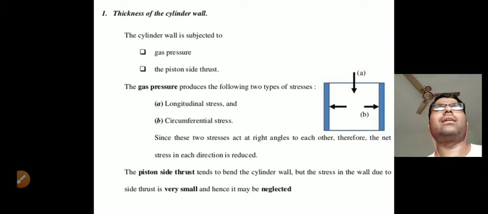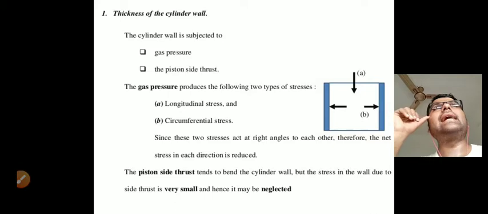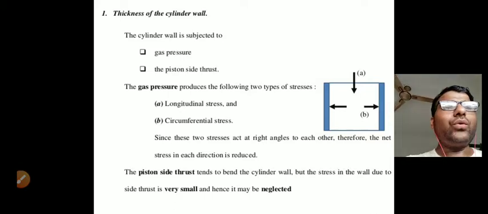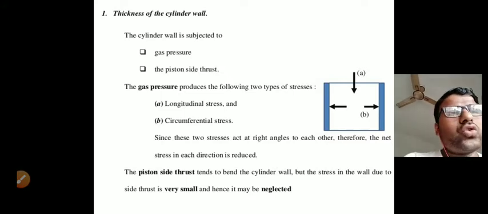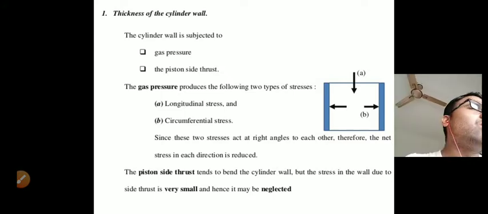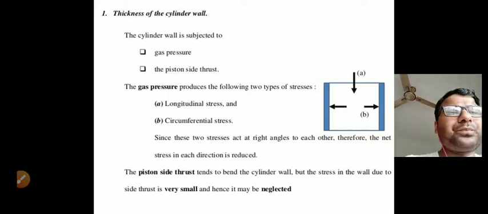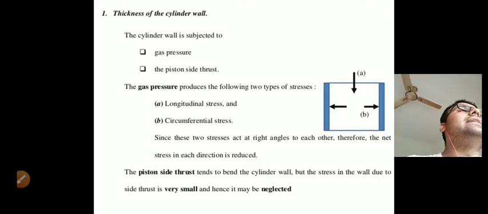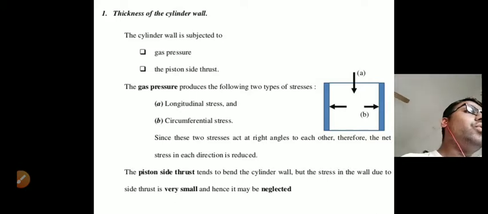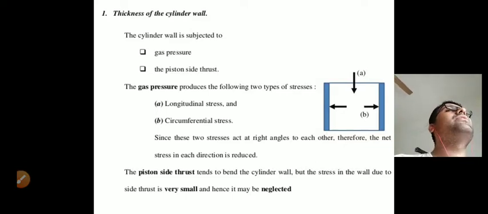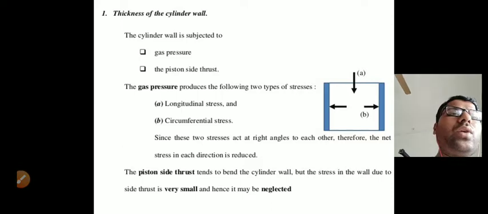Whenever combustion takes place inside the cylinder, the fuel is converted into flue gases, right? So what happens? Pressure is exerted on the cylinder wall and the surface of the piston. So this gas pressure exerted on the cylinder is the maximum pressure. Now, to withstand this pressure, we have to find the minimum required thickness of the cylinder.